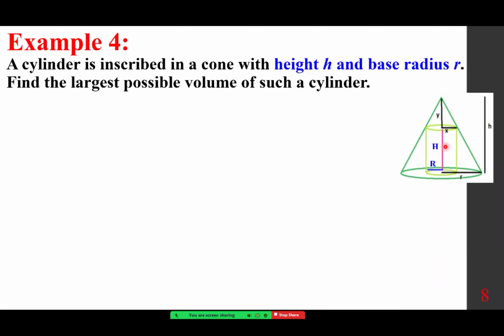So the volume is pi r squared h. Again, a piece of information from geometry we should have. Now, r, the radius, is the same as x. The height is the height of the cone, h, minus this distance of y.